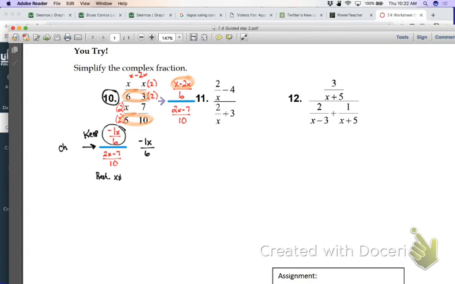I'm going to change to multiplication, and then I'm going to flip what is in that bottom side. So whenever I flip, I'll have 10 over 2x minus 7.